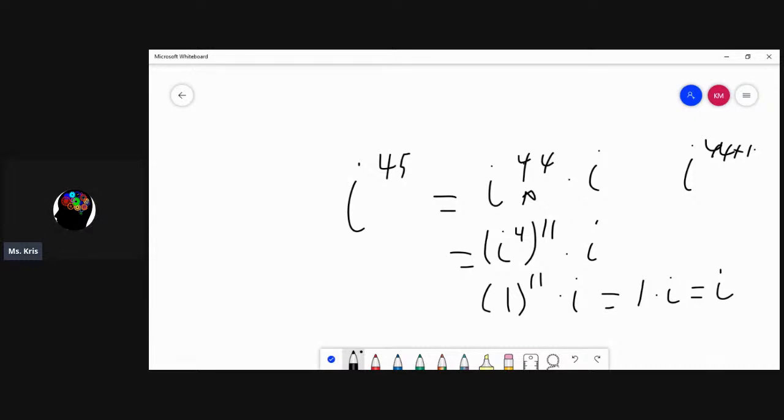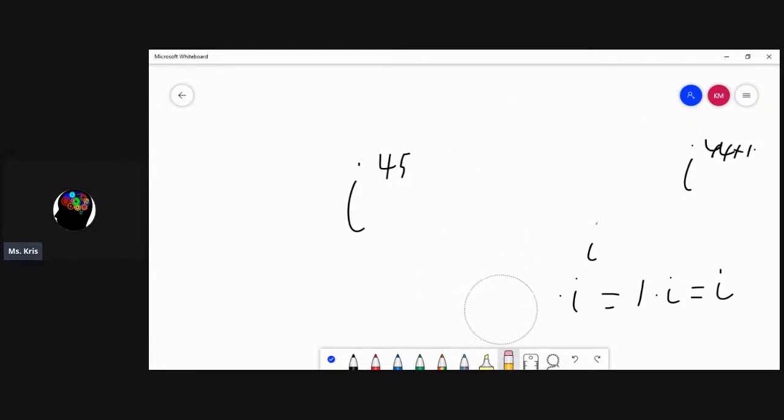Also, i to the 45th could also be broken down into i to the third raised to the 15th power.